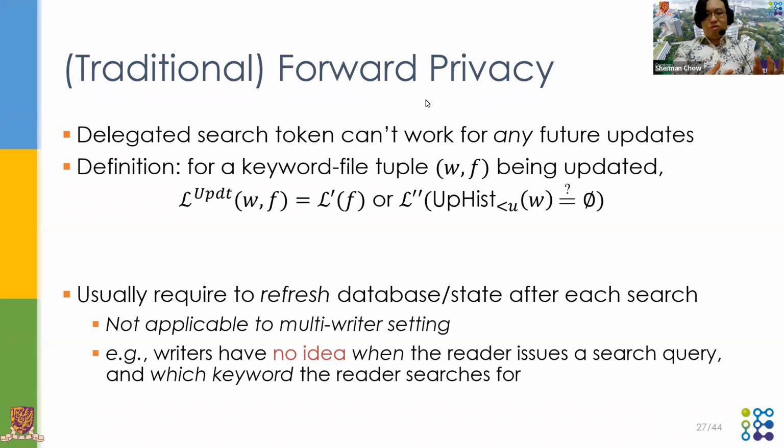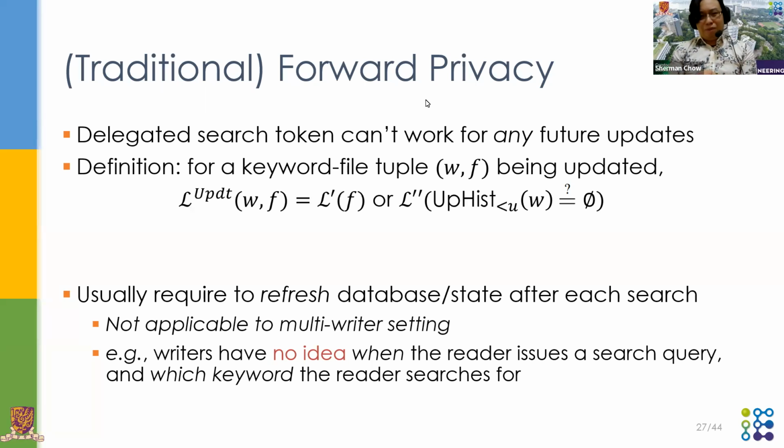After the reader tries to search, the refresh is in total control of the reader. On the other hand, in the multi-writer setting, the writer does not know what the reader is up to. The writer, for example, does not know which keyword the reader has just searched for. So that is not coordinated, and that's why I emphasize there's no synchronous communication before.